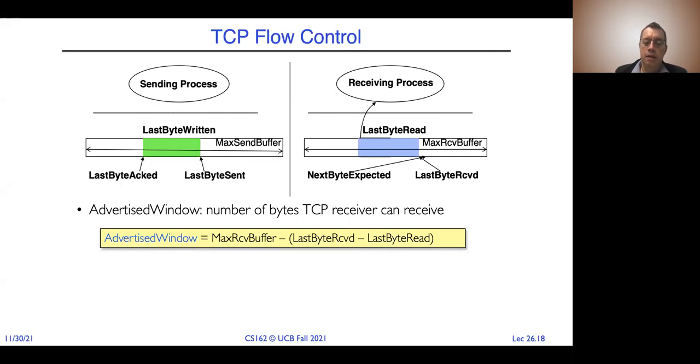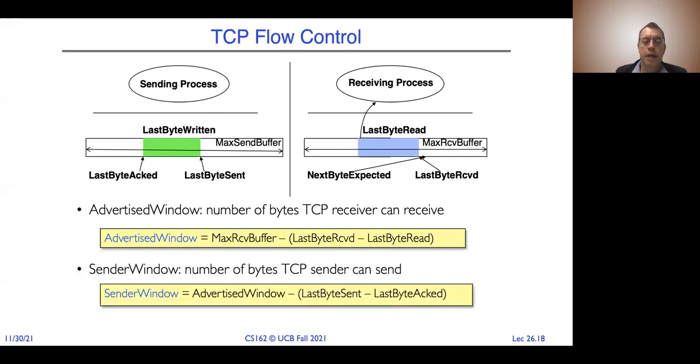The same thing applies on the sending side, similarly, right? Here I have last byte ACK. If I get an acknowledgement for a byte in this protocol, this means that the receiving process received that byte. So I no longer need to keep it in the buffer as a sender, right?